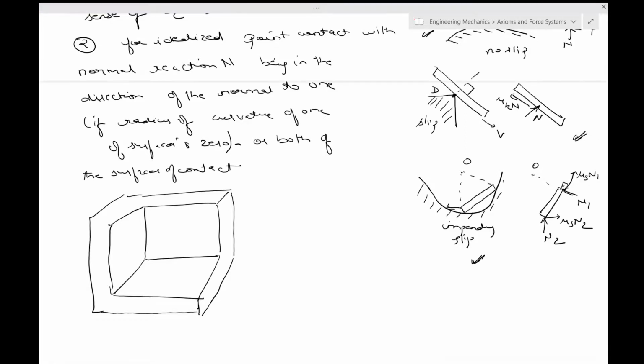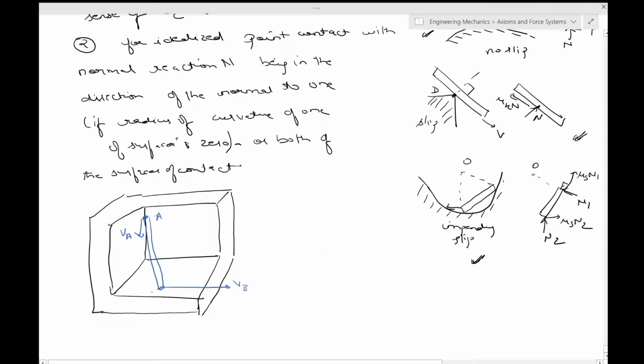Now let me draw this sliding body over this. So this is the rod. It is constrained to move like this, and then you have this VP.